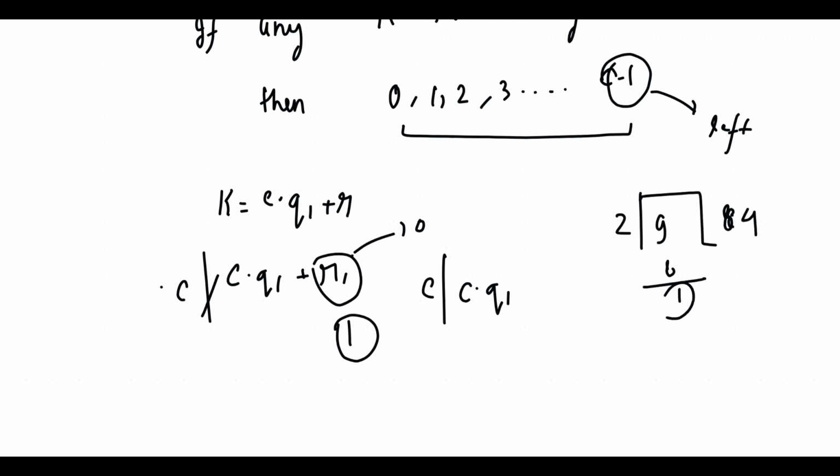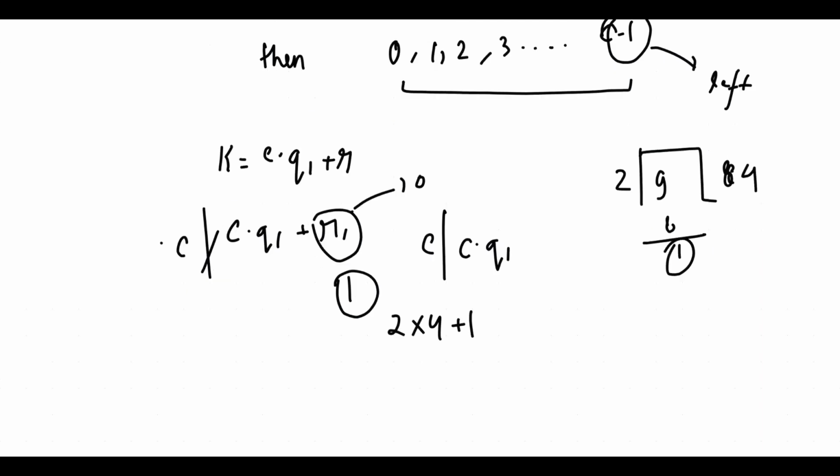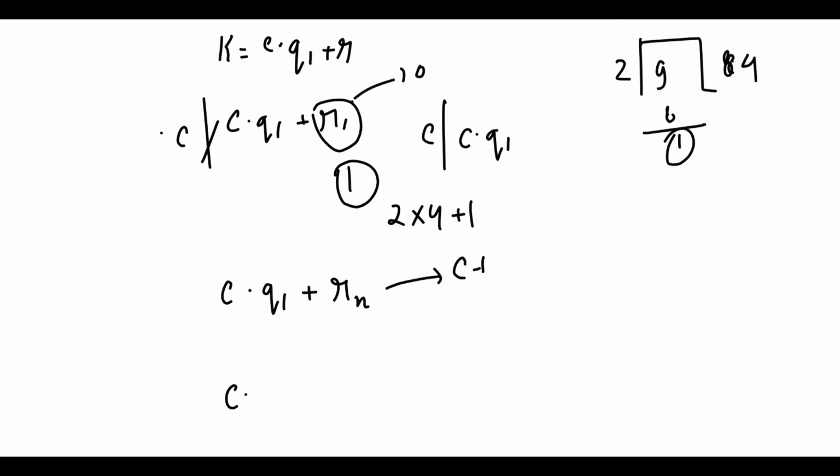If I go till c into q1 plus rn, and rn is c minus 1, so c into q1 plus c minus 1 is not divisible by c. So this is also a remainder.